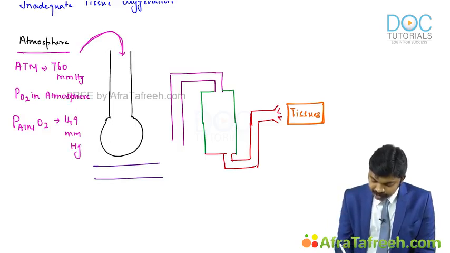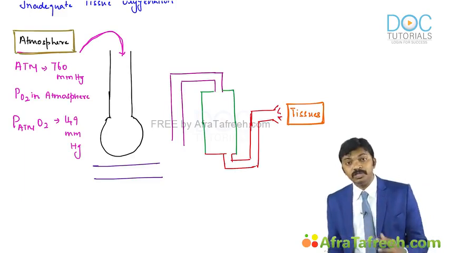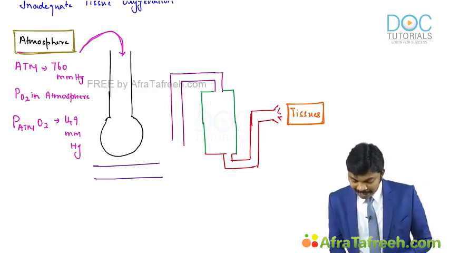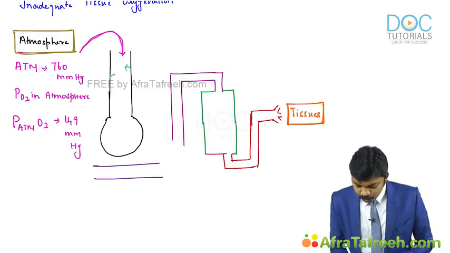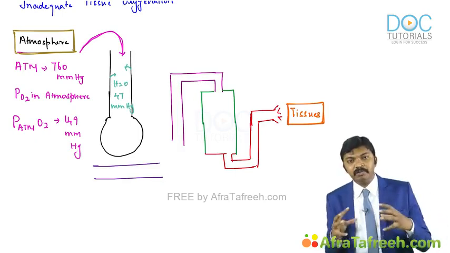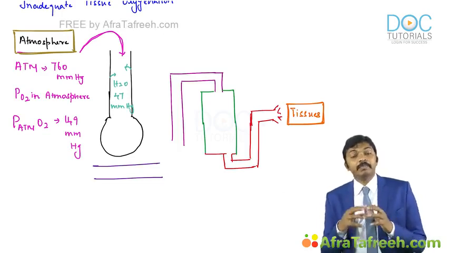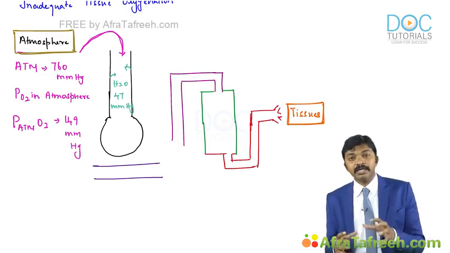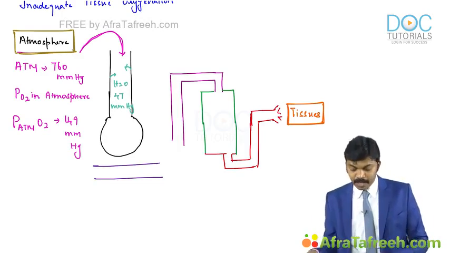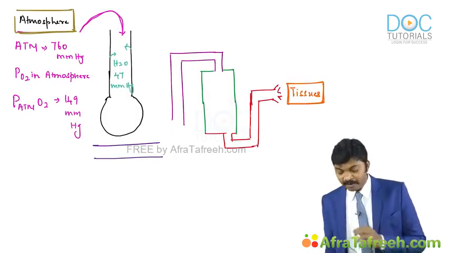As the air enters the airways, it will be very dry and rough, which needs to be moistened and humidified. So, what does the airway epithelium do? They add water vapor with a partial pressure of 47 millimeters of mercury. When the incoming air is moistened by addition of water vapor at a partial pressure of 47 millimeters of mercury, the partial pressure of oxygen and other gases gets proportionately reduced. So, this leads to a reduction in partial pressure of oxygen by the time it reaches alveoli.